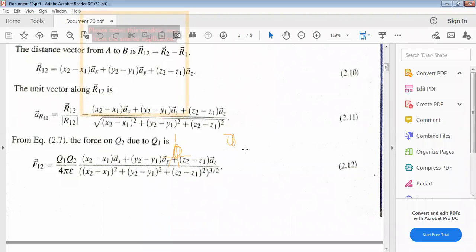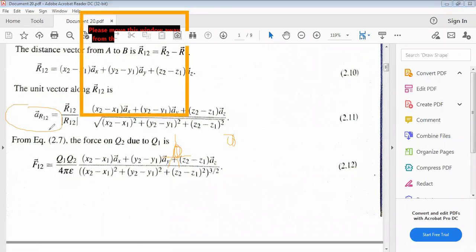The same relation is substituted here. aR12 is substituted here: (x2 minus x1) ax, (y2 minus y1), (z2 minus z1). Similarly, (x2 minus x1) whole square, (y2 minus y1) whole square, (z2 minus z1) whole square.